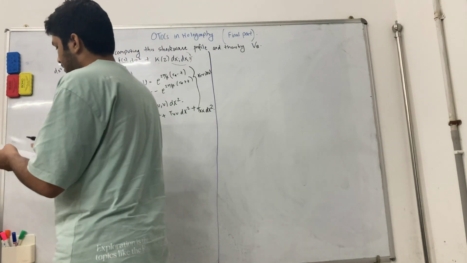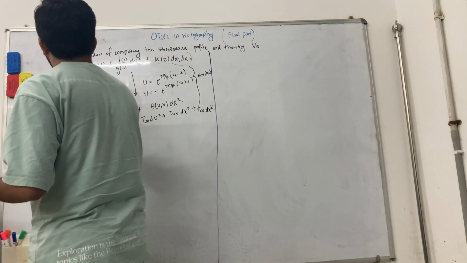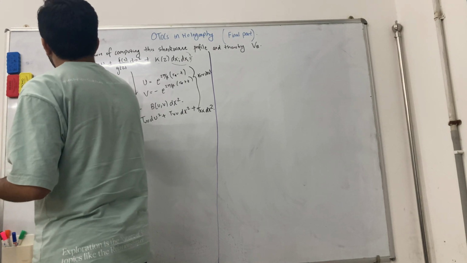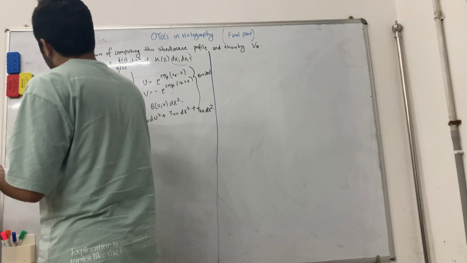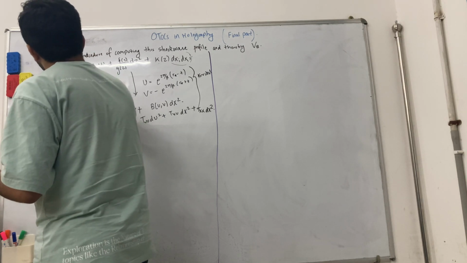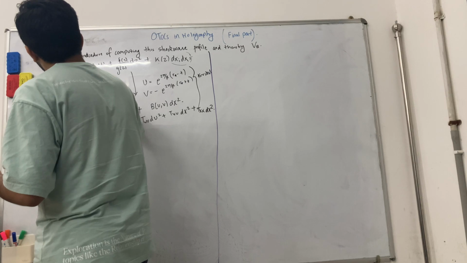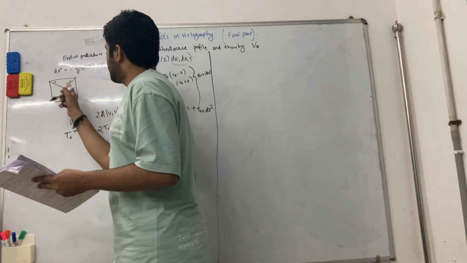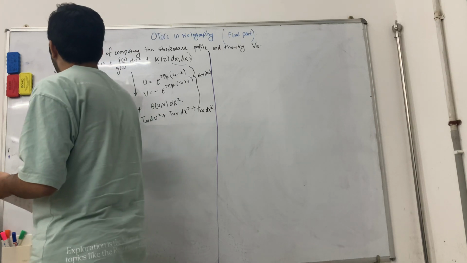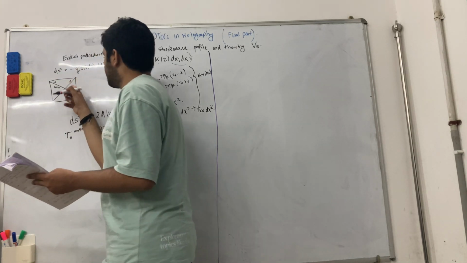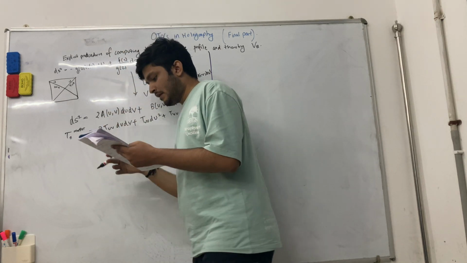So if I again draw the Penrose diagram just for reference, I'll use this convention: this direction as V and this direction as U. Since this direction is V, this line corresponds to U equal to 0. And since this line is U, this line corresponds to V equal to 0. Okay.